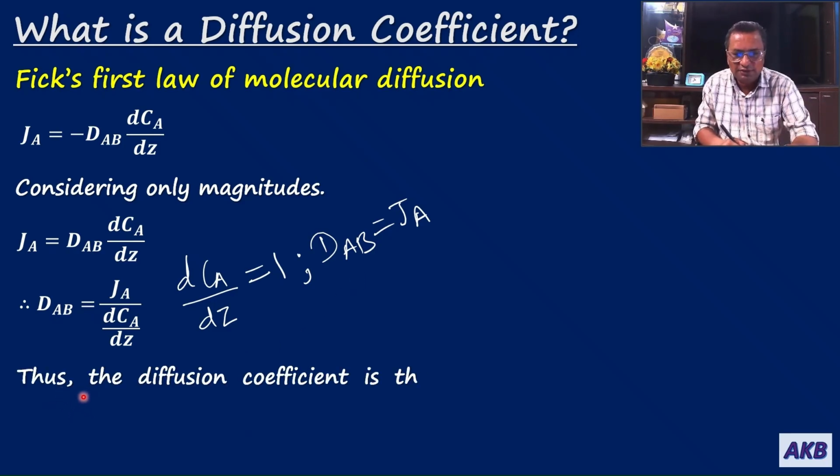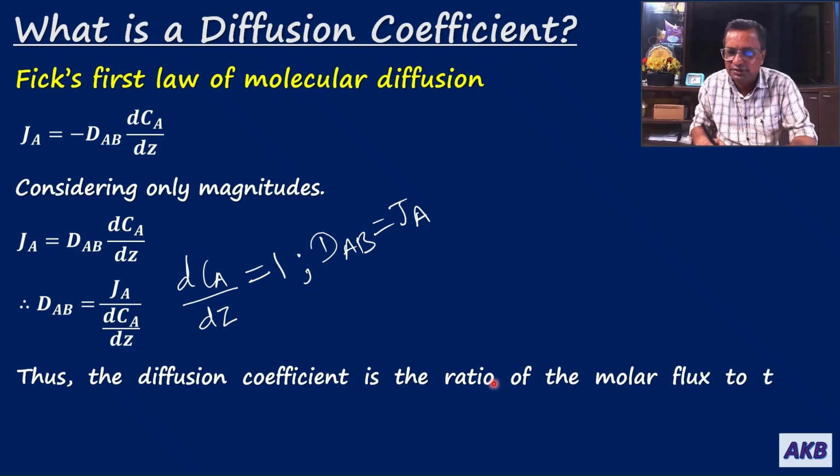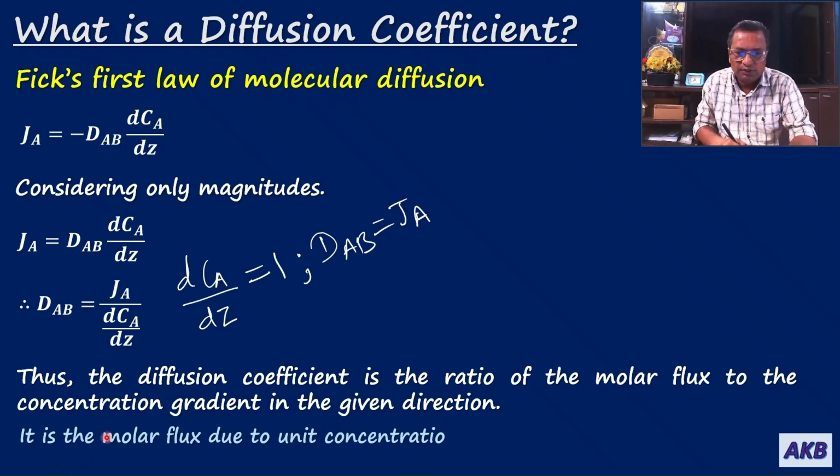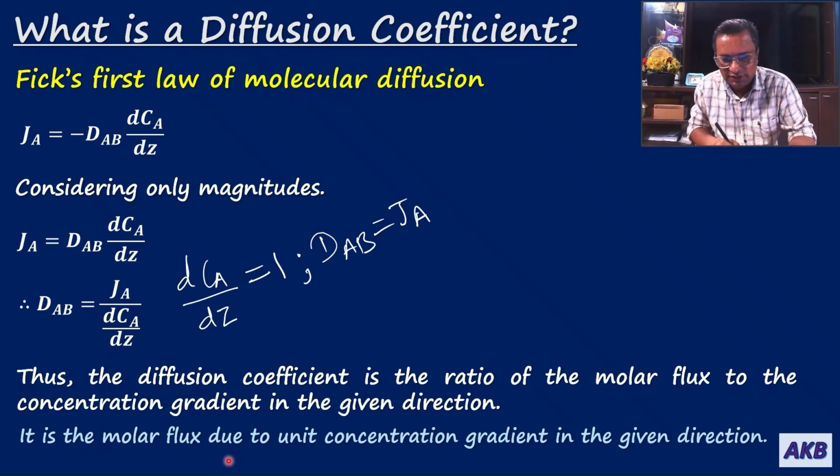So you can define it like this. One way is you can call the diffusion coefficient the ratio of molar flux to the concentration gradient in the given direction. This is one way of defining it. You can also understand it in this way. Diffusion coefficient is the molar flux that results due to unit concentration gradient in the given direction.